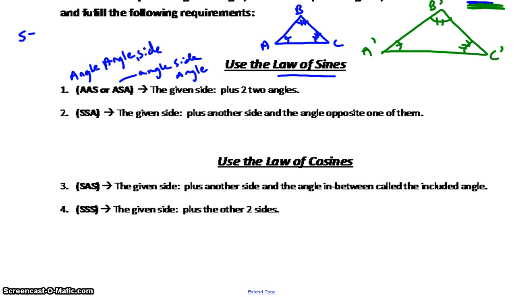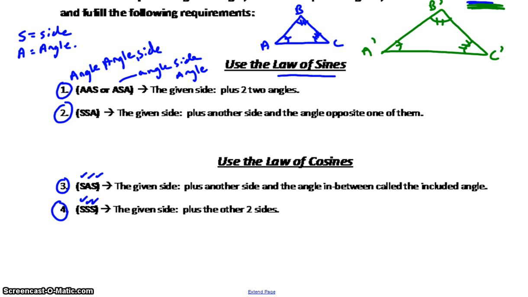The S represents a side and the A represents a given angle measurement. So we have two cases in which we use the law of sines. We also have two cases in which we use the law of cosines, the longer, more complex equation: a side-angle-side, where the angle is in between the two sides, or where we're given three sides.